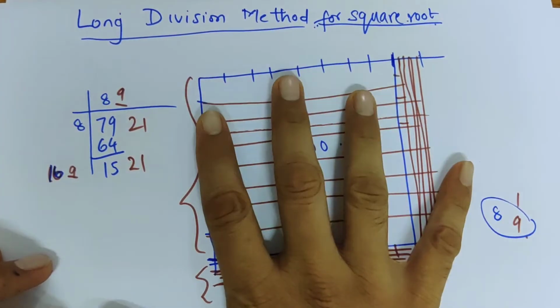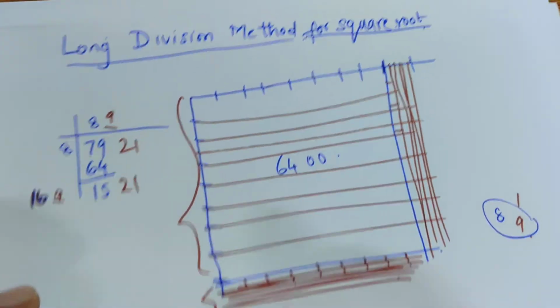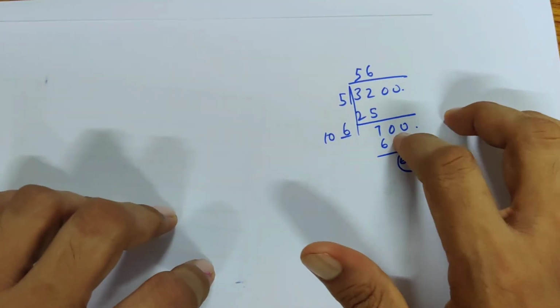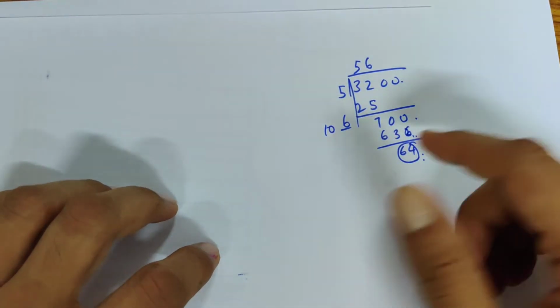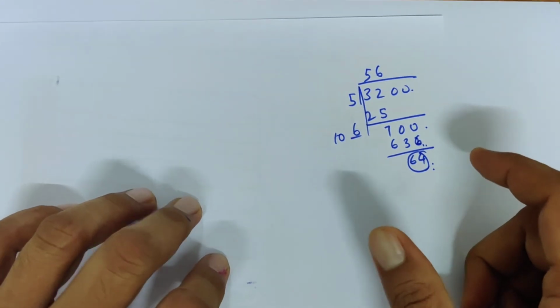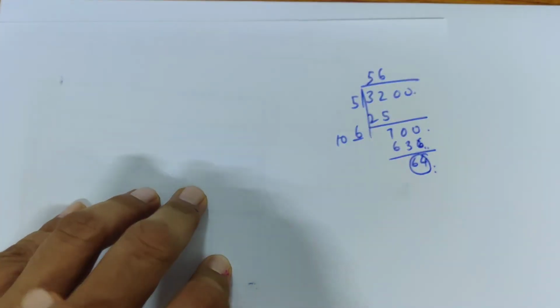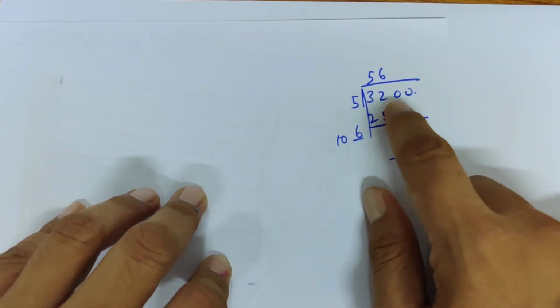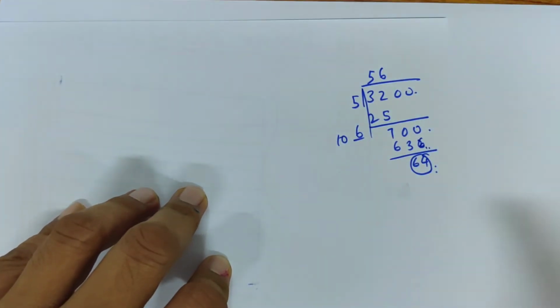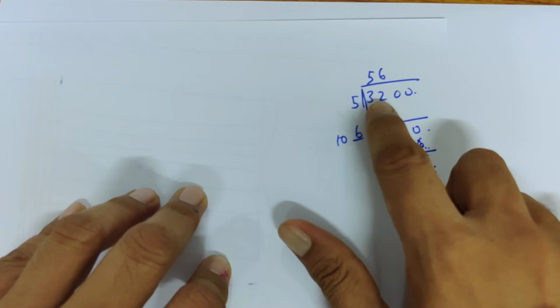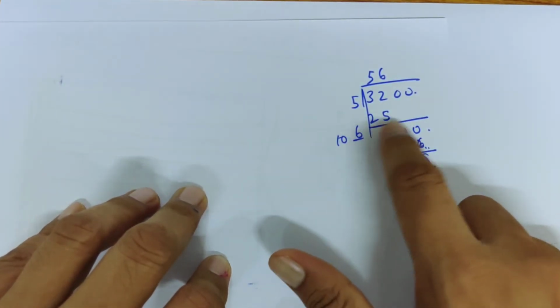So now we can answer that question that we had: how do you guess the approximate number from which you should start using the binomial expansion to get the approximate square root? We had the 3200 in another video, and we got the decimal point after 56. But how do you get 56? 32 has the 5, and 5 squared is 25.